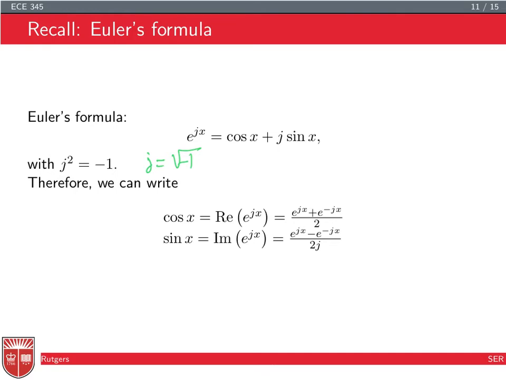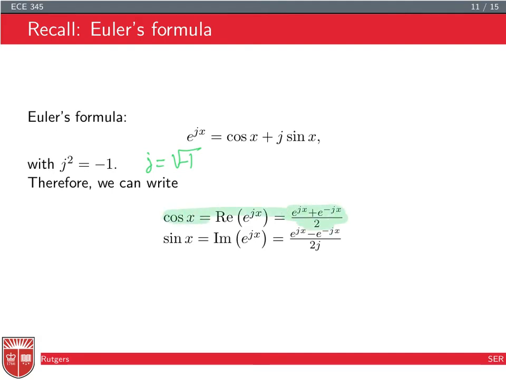Given Euler's formula, we can write cosine and sine as exponential functions. Cosine x is the real part of e to the jx, which is equal to e to the jx plus e to the power minus jx, divided by 2.